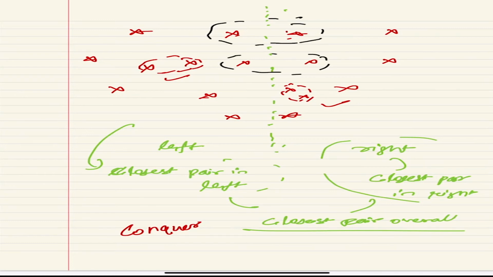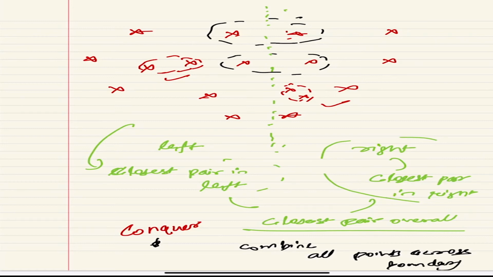So you may have to check all the pairs that lie across the boundary in the combine step. But just think, in the worst case, how many can these be? In the worst case, all n/2 points could be lying on the boundary here, and all n/2 points on the other side.